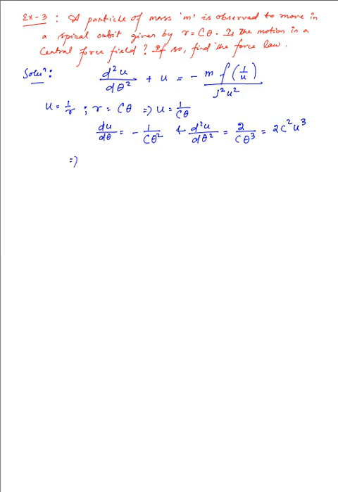So we have this equation over here, and using the expression that we have for the double derivative term, 2 times c squared u cubed plus u is going to give me minus m over j squared u squared f of 1 over u.